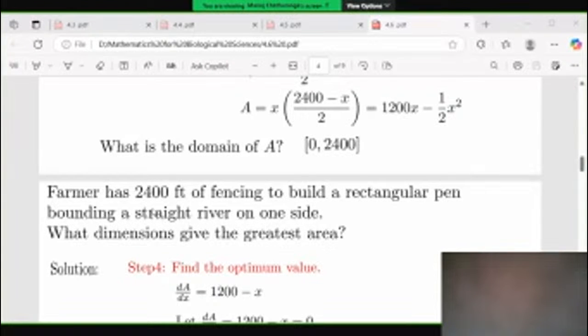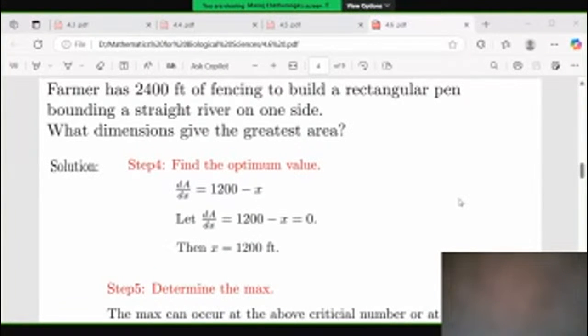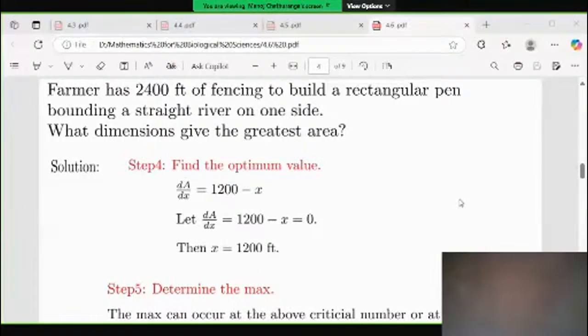Here the farmer has fencing material only for 2,400 length. So that is a restriction. And also he wants it to be a rectangular pen. Those kinds of things should be there to make a single variable function.